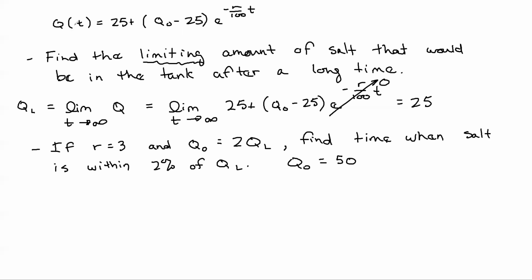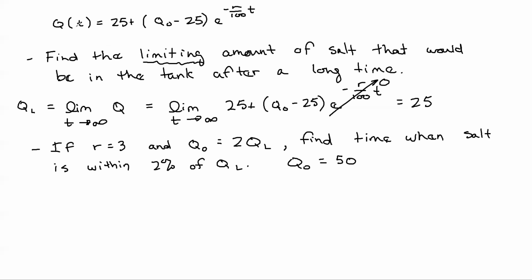All right, you could plug in a time into the function, and it will produce the quantity of salt at that time. But another thing you can do with the function is plug in an amount of salt. If I plugged in, say, 30 pounds of salt, I would have an equation where t is the unknown and I could solve for time.